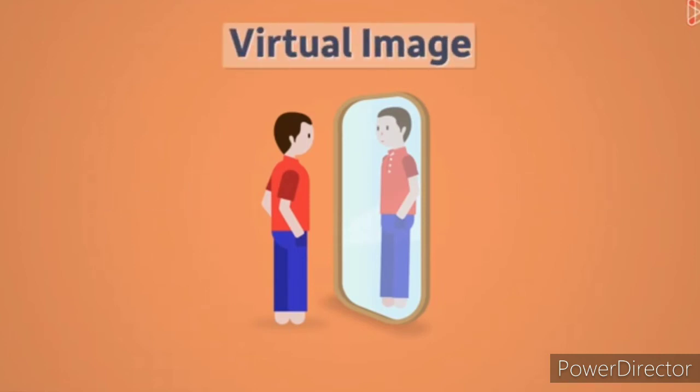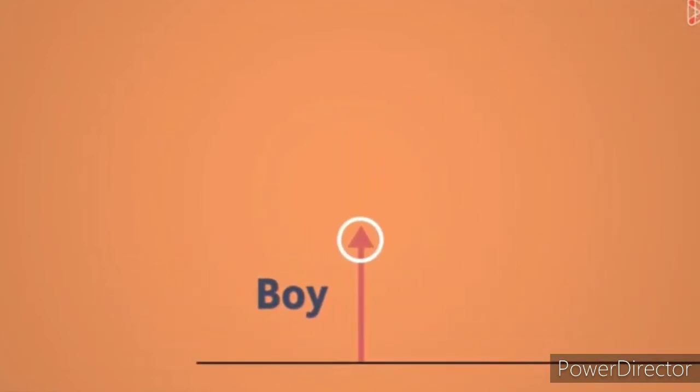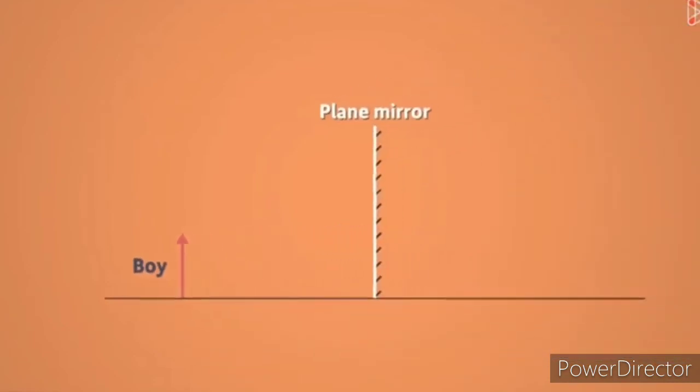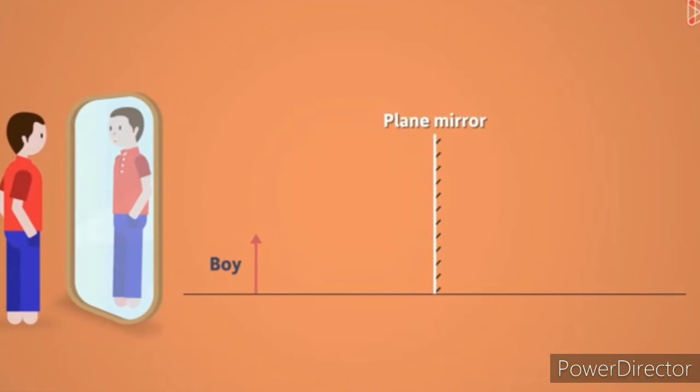In order to explain what a virtual image is, let's first simplify this image. Let's represent this boy with an arrow pointing up, and here is a plane mirror. You can assume the top of the arrow to be the top of the head of the boy.